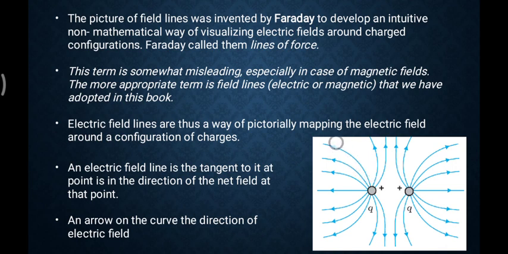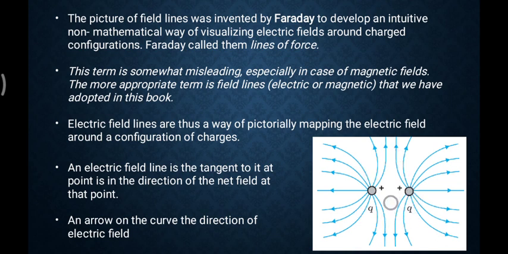So this is the direction of the electric field at this position, which is nothing but the tangent to that curve at that point. It is mentioned here: an arrow on the curve shows the direction of the electric field. This is all about the basics of electric field. You know how to take it.